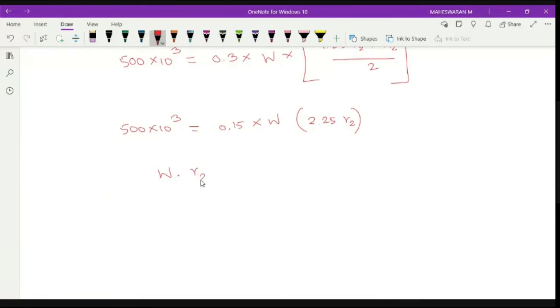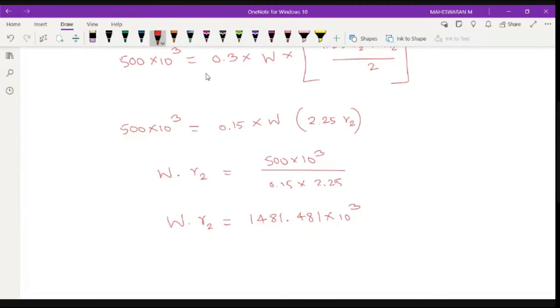W into R2 is equal to 500 into 10 power 3 divided by 0.15 into 2.25. So W into R2 is equal to 1481.481 into 10 power 3. This is the value you are getting, right?